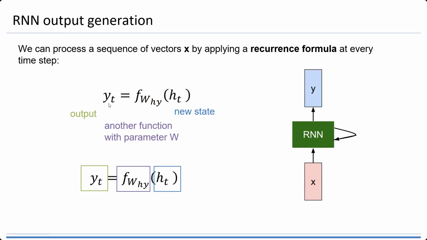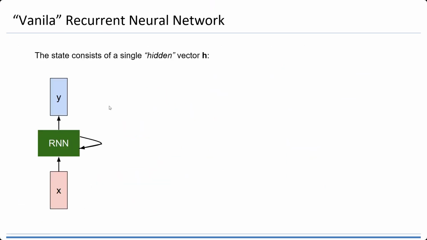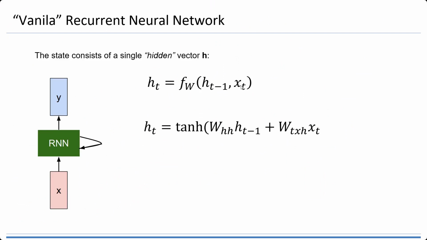So we have the yt, this is y, it equals to the function of w, which is the parameter, and it is based on the hidden state in that particular time. So we can see something like this one. In order to calculate the hidden factor or the h, so we have the ht equals to the function of ht minus 1, and we want to look at the input.